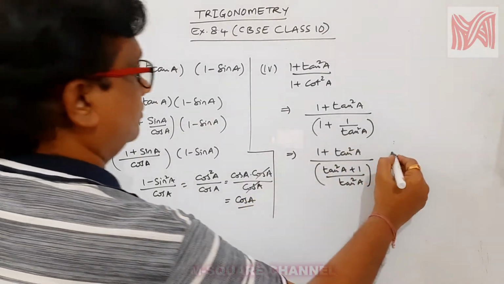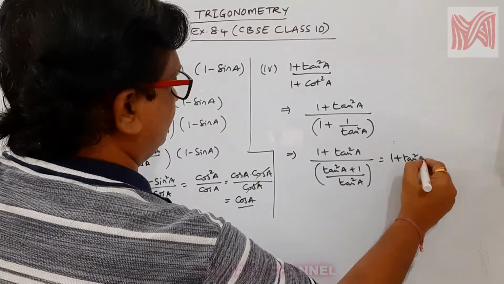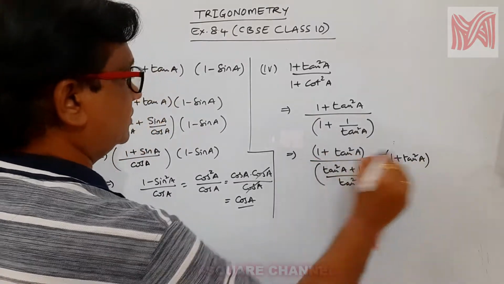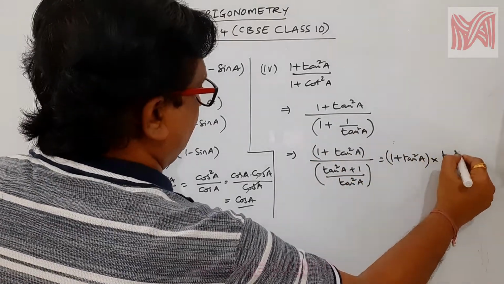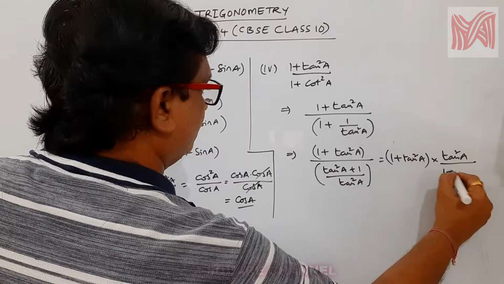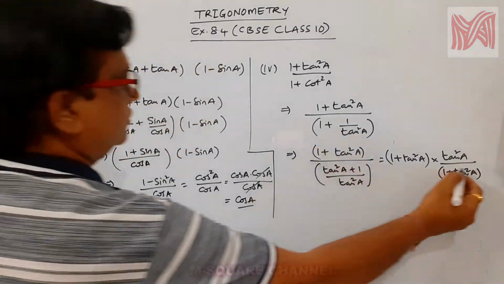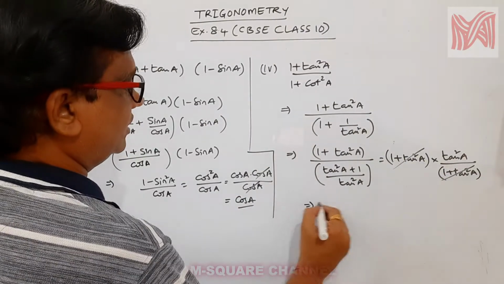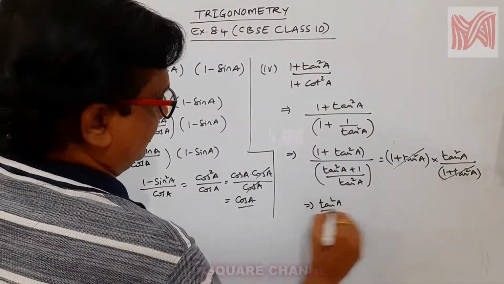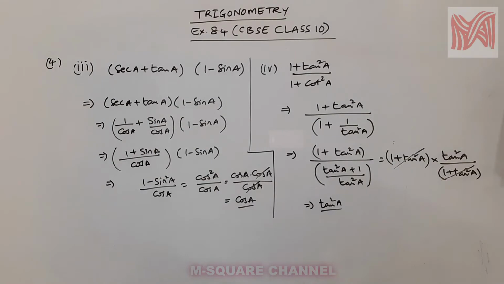So take the reciprocal: 1 plus tan square a, keep it in brackets, into tan square a by 1 plus tan square a. This is the reciprocal. So these two are cancelled. So we get tan square a. This is the third and fourth questions.